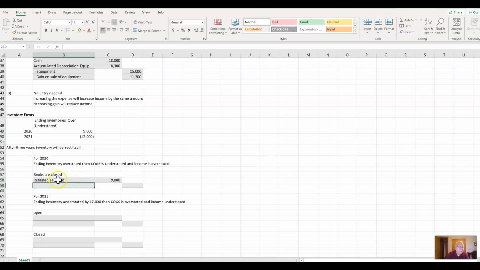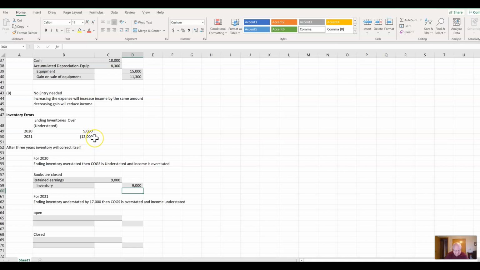And we would credit inventory because it's overstated, so we need to reduce inventory by $9,000.